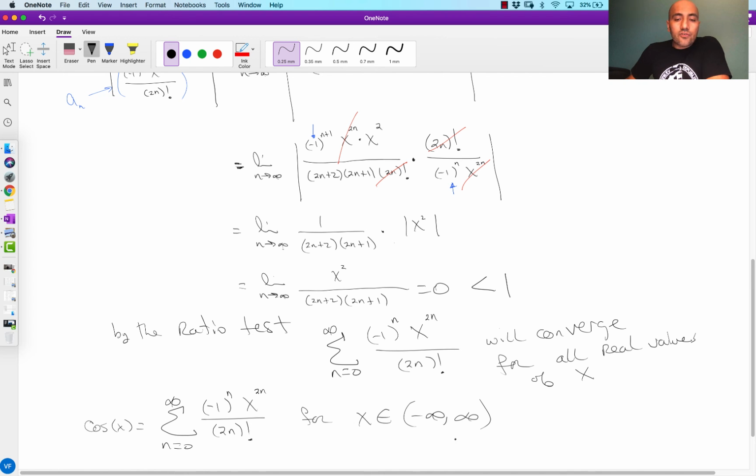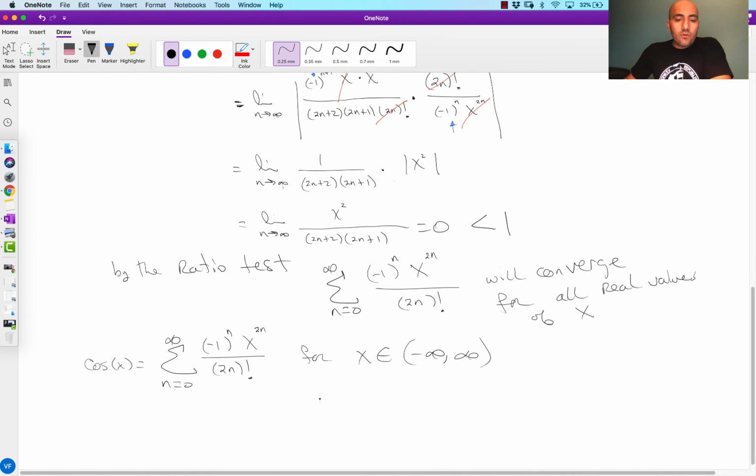The radius of convergence is infinity, r equal to infinity.